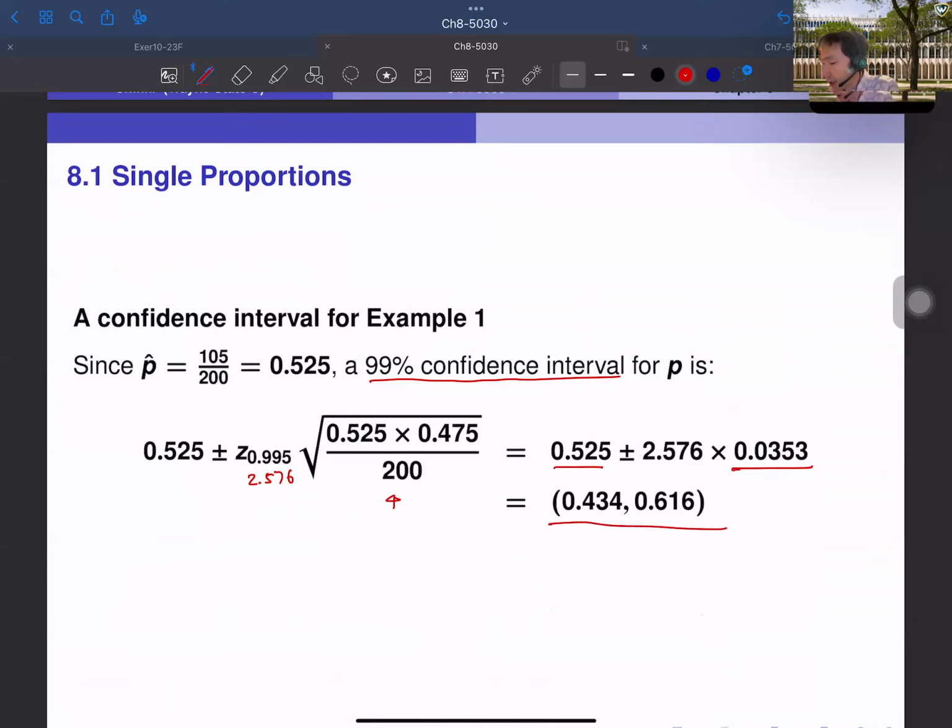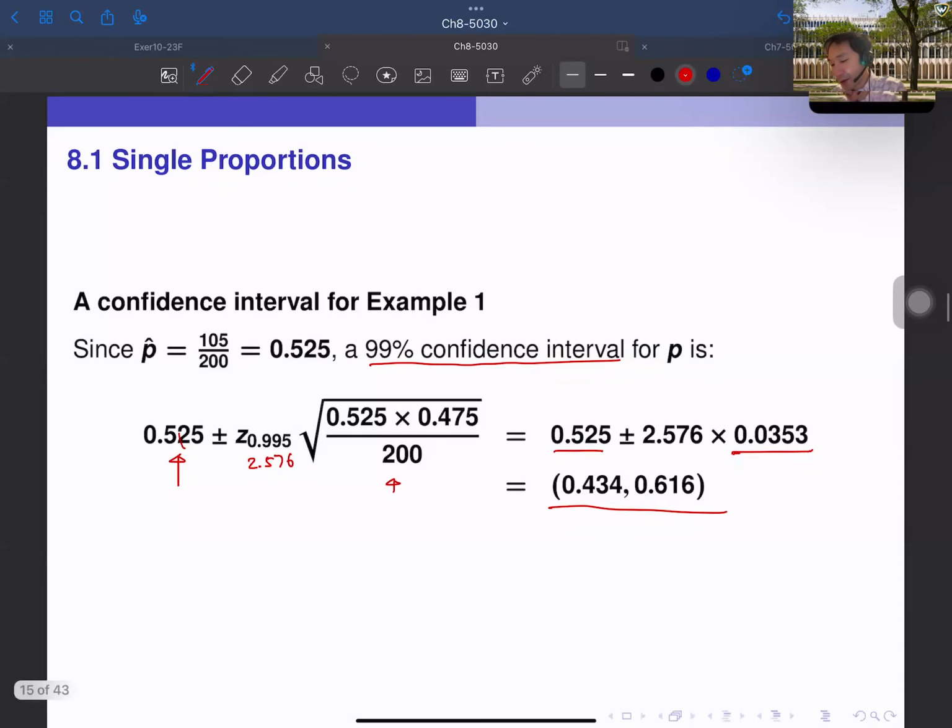So our point estimate is 52.5%, but we are also 99% confident that the true p is between 43.4% and 61.6%. So that means probably this 2 or this 5 doesn't really matter. Roughly speaking, we can just say that it's between around 43% and 62%.